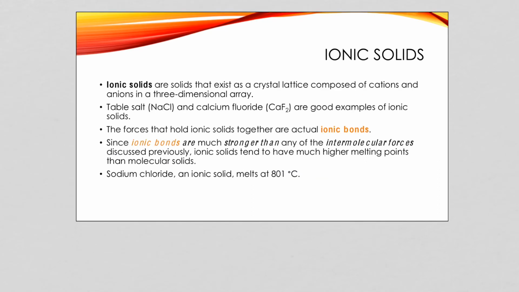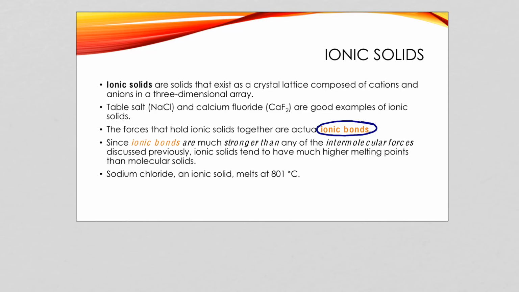Now, if we turn our attention to ionic solids, remember ionic solids exist in crystal lattices composed of positive and negative ions. Those ions are held together by ionic bonds. So notice, not intermolecular forces, but ionic bonds. And any kind of bond, whether ionic or covalent, is going to be much, much stronger than any type of intermolecular force.